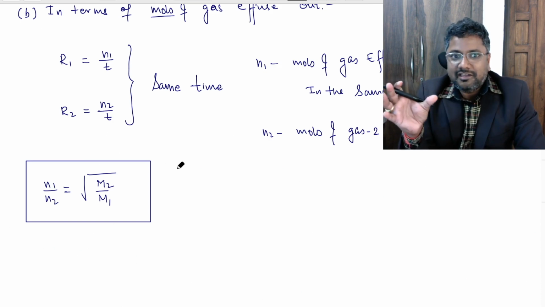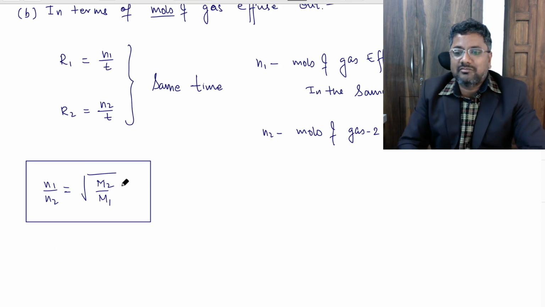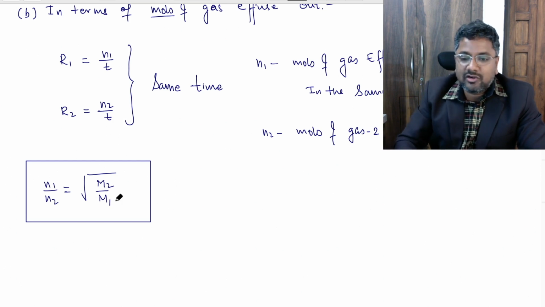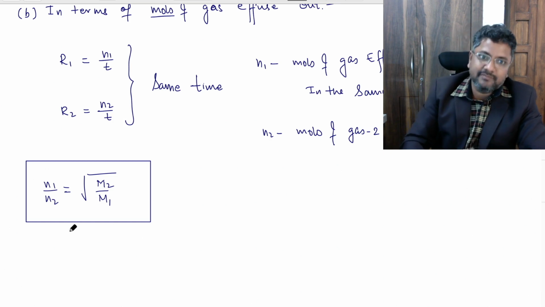We cannot directly relate this mass of gas effused out with the molar mass, right? Remember, you can relate moles but cannot directly relate mass. You have to convert this moles into mass. So I'm not taking a different case, I'm explaining that in the same case.